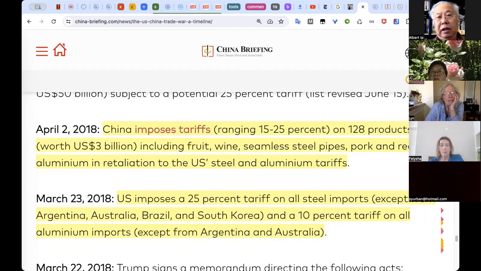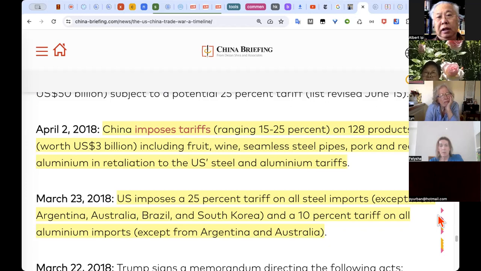In March, they wanted to impose tariffs on all steel from everybody except a few countries: Argentina, Australia, Brazil, and South Korea. And then 10% on all aluminum, except from Argentina and Australia. So, of course, China is included.